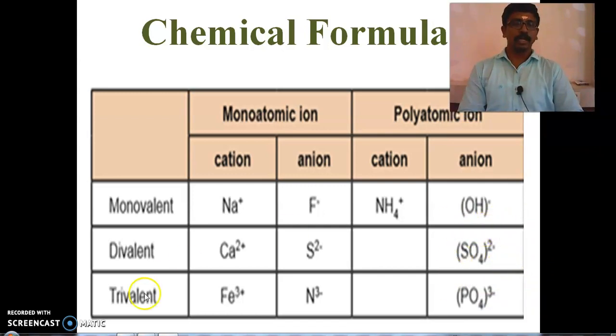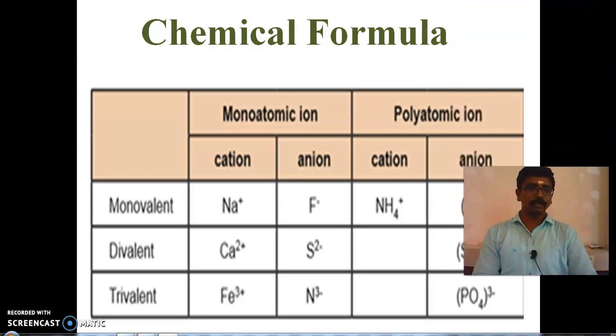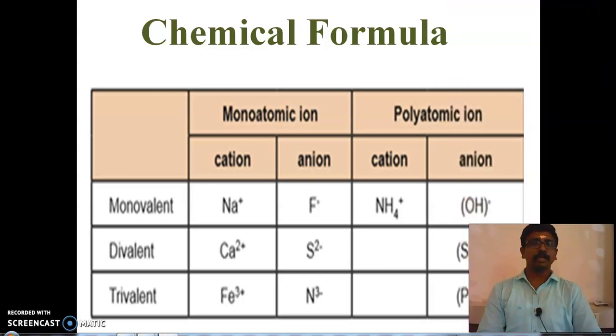Tri indicates 3, so the trivalent polyatomic anion is phosphate, PO4 3 minus. So NH4 plus is ammonium, OH minus is hydroxide, SO4 2 minus is sulfate and PO4 3 minus is phosphate. These are some examples for the monoatomic cation, anion, and polyatomic cation and anion.